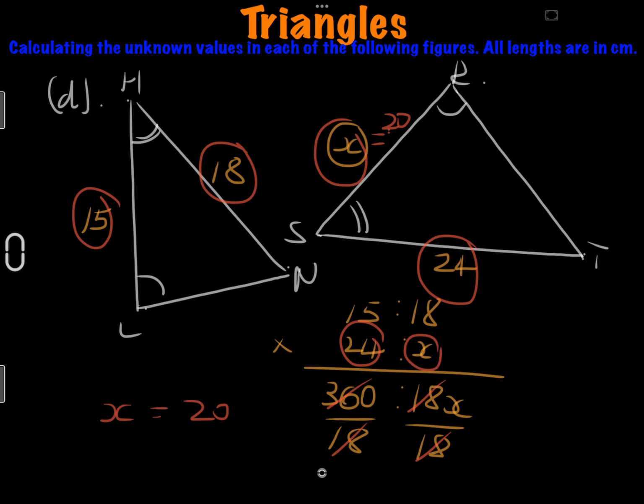You multiply 15 by 24, you get 360, and 18 multiplied by x gives us 18x. If you cancel out, x will remain, and 360 divided by 18 is 20. Hence, we found 20 to be the answer.